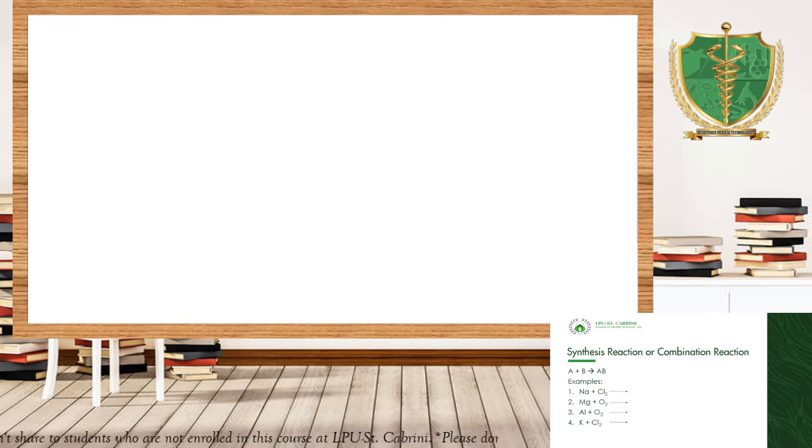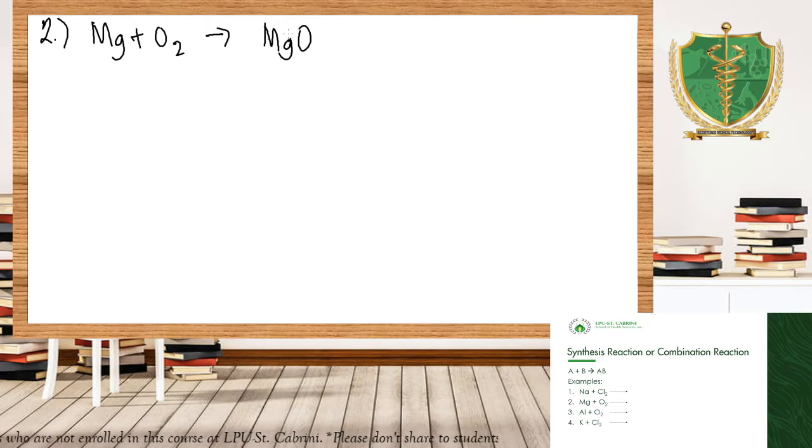Okay, so going back to another example. Number two, we have magnesium plus oxygen. Definitely, it will give us magnesium oxide. Again, same question: is our equation balanced?